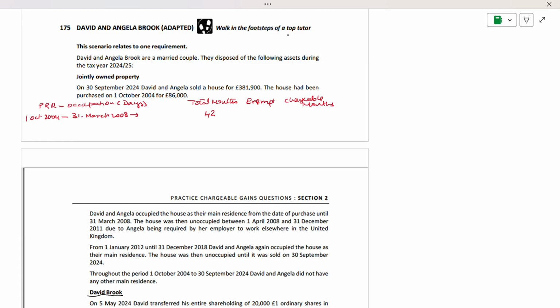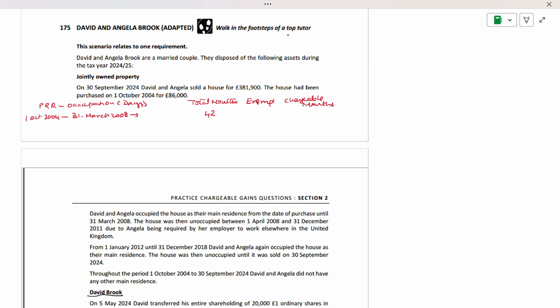In the year 2004 it is 3 months, October to December, and in 2008 it is 3 months. That is 6 months.